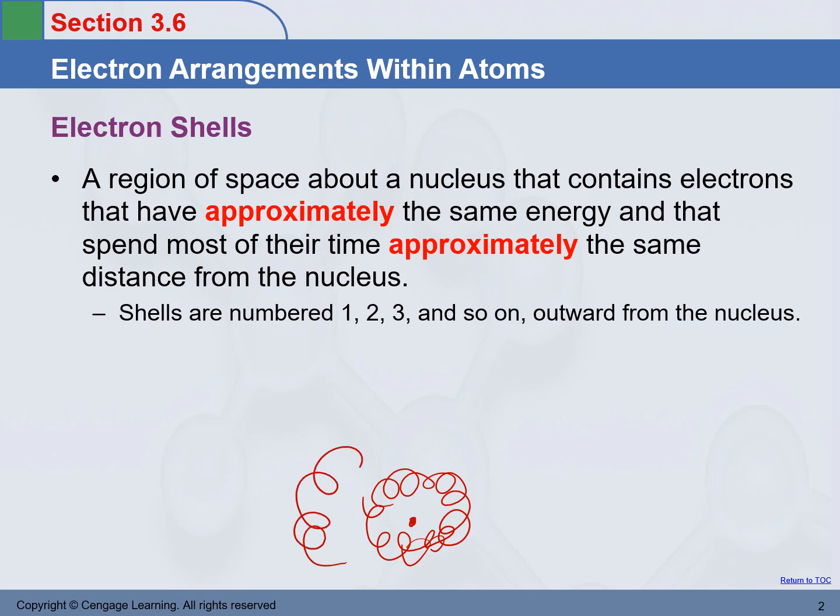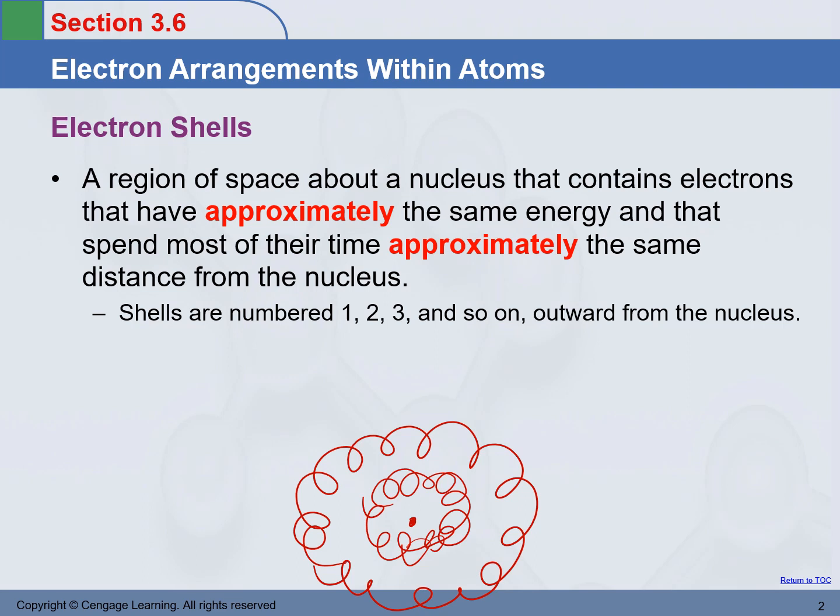And I'm going to draw another shell. Oh, 2 electron shells. Electrons in shell number 1 have about the same energy. Electrons in shell number 2 have about the same energy.